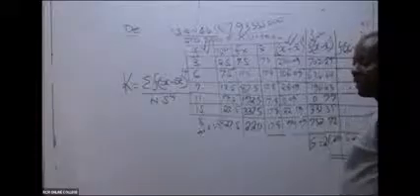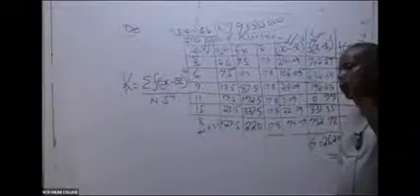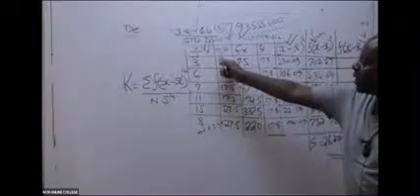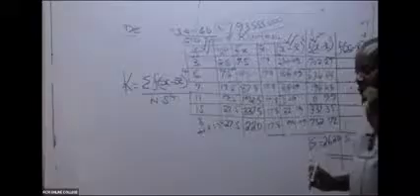Let me see whether there is anybody who will be able to get the first answer here. You take x minus x bar, whatever value you get, you raise it to power 4.